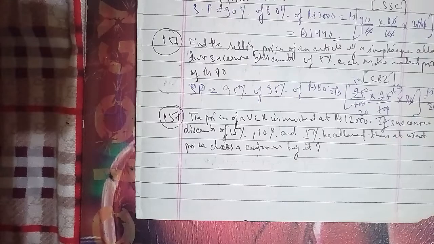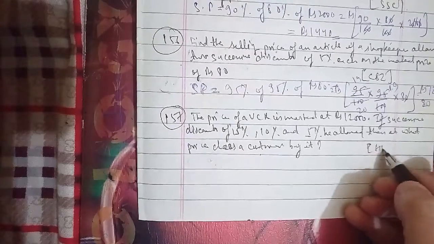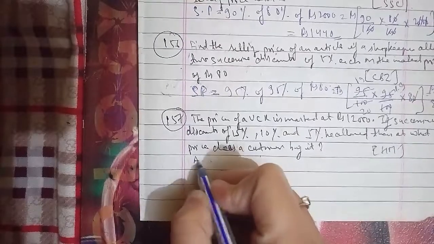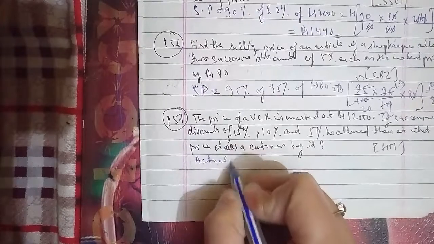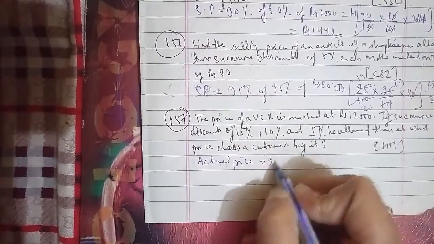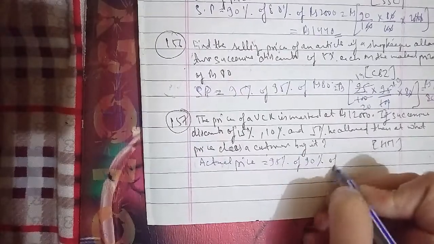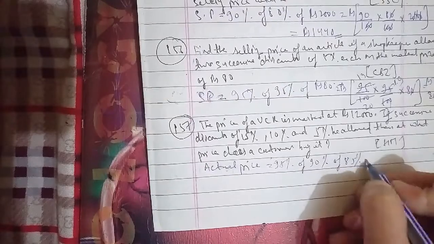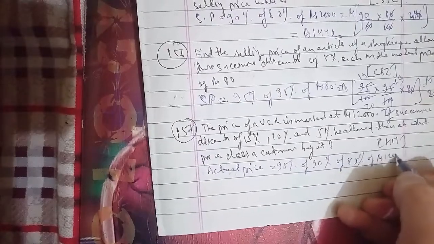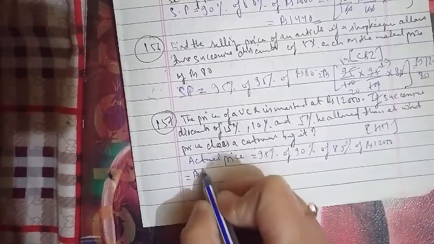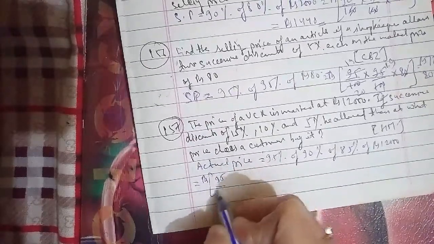The actual price is equal to 95% of 90% of 85% of rupees 12,000, which is equal to 95 upon 100 into 90 upon 100 into 85 upon 100 into 12,000.